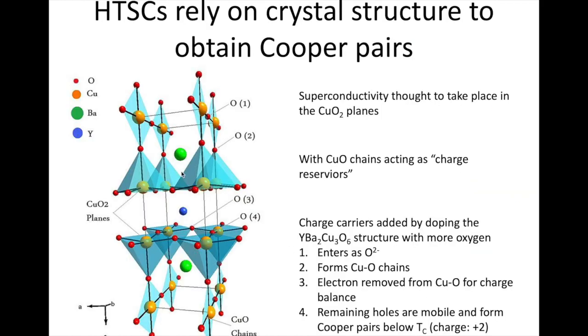So this is showing the same structure where we have those planes and the ribbons up here and then the planes down here. And so the Cooper pairs, what give us superconductivity, we can explain with this structure. And I just want to point out here that this is still theory.